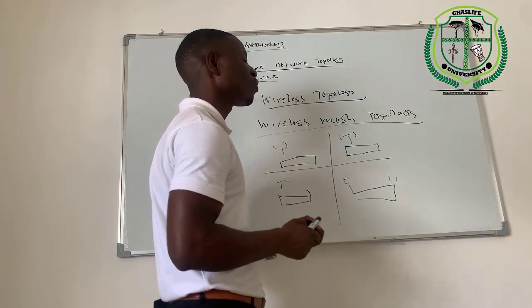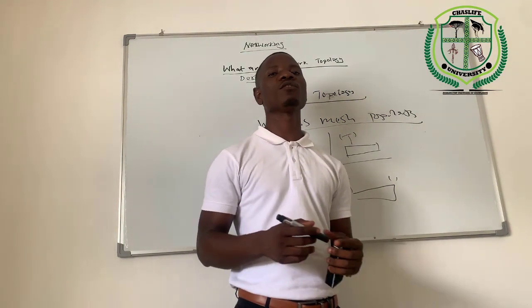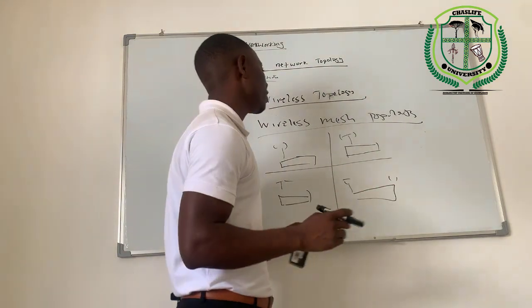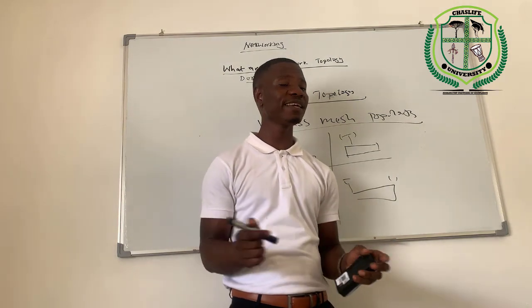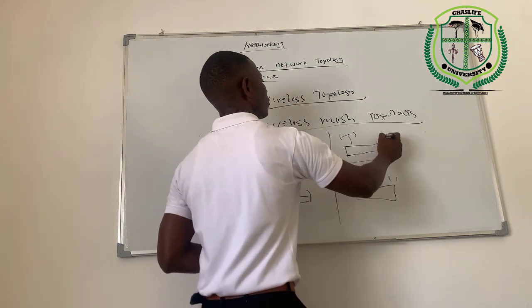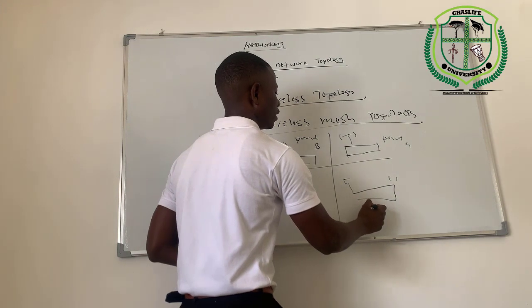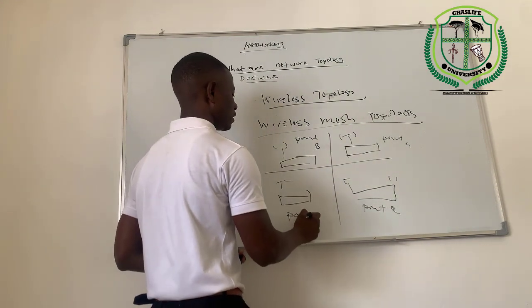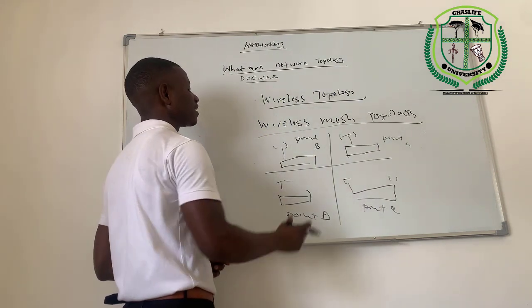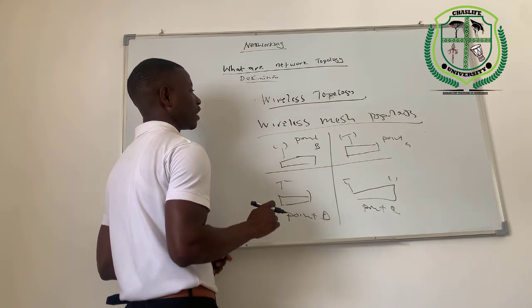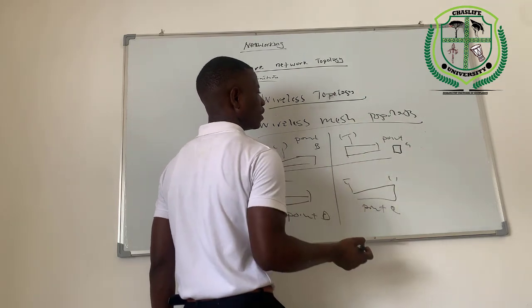For instance, at Churchlife University, we have different places where you can access your network connection, your internet. Let's say this is point A, then we have point B, this is point C, and this is point D. Since there are no physical cables involved under wireless mesh, a person can connect to the internet using their phone or laptop.